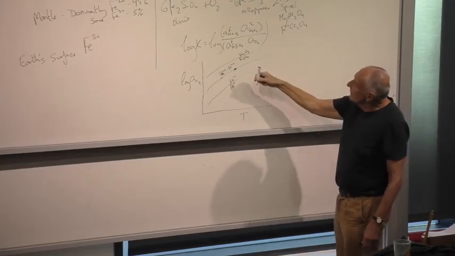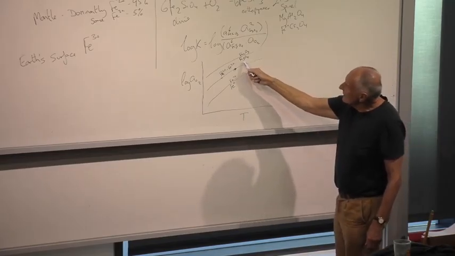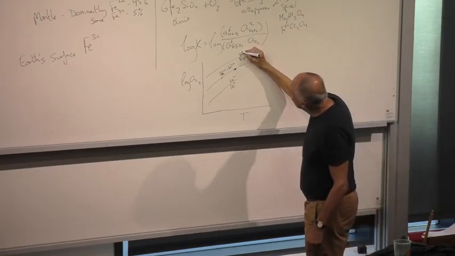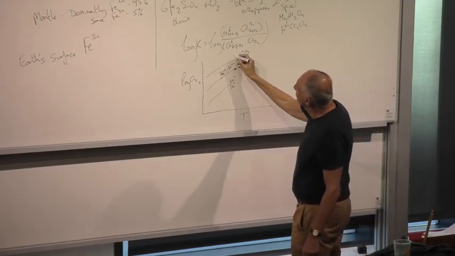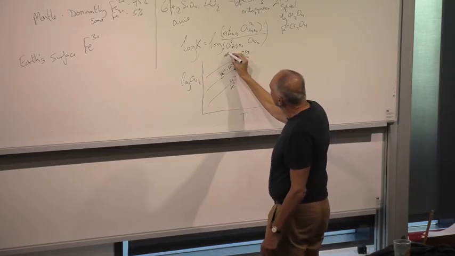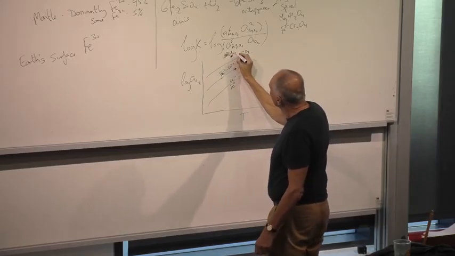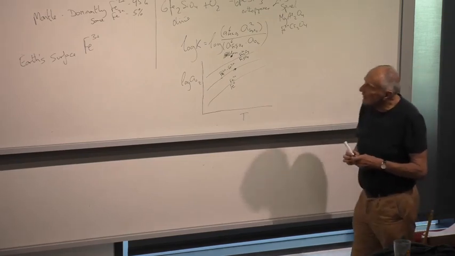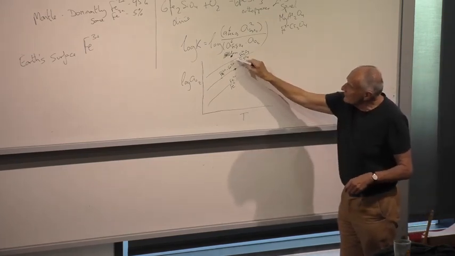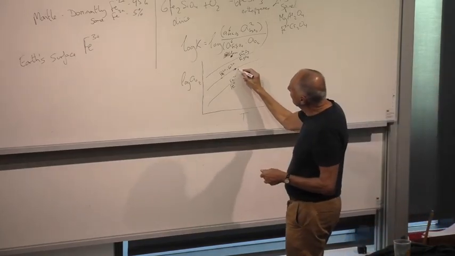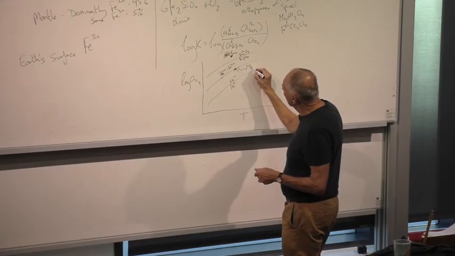So that's where the mixed oxidation state of Fe3O4 goes to all Fe3+, and the atmosphere is there, or the surface if you like. So we're talking about 8 or 10 orders of magnitude in oxygen activity between the mantle here and the surface.